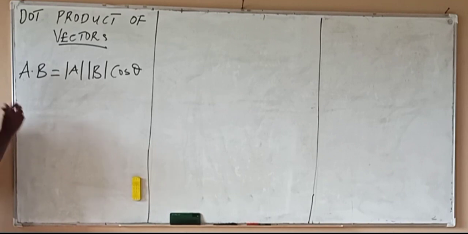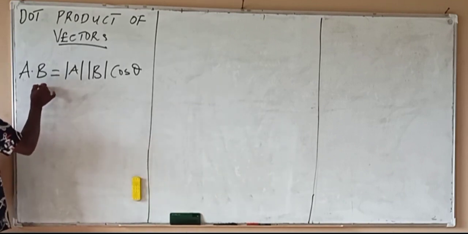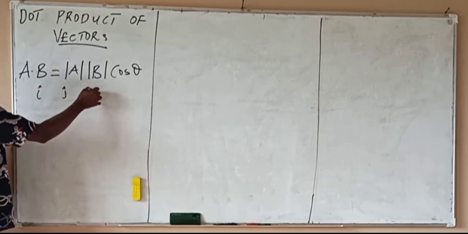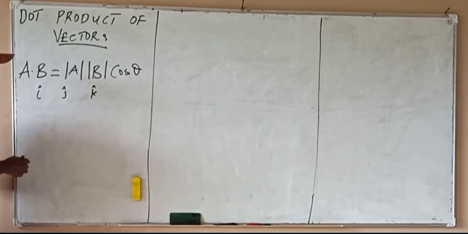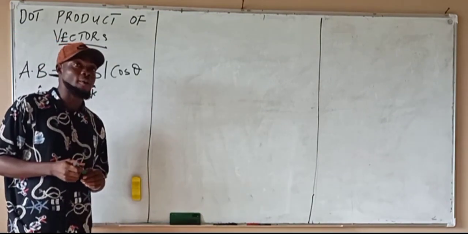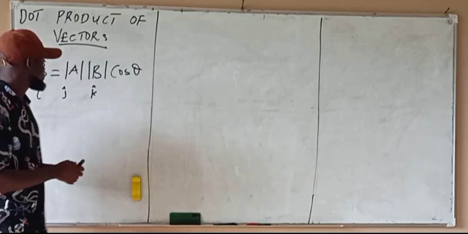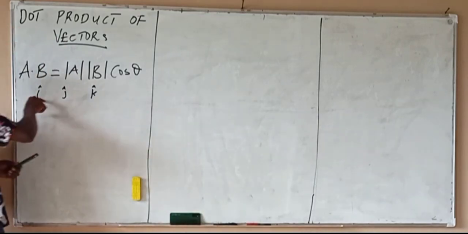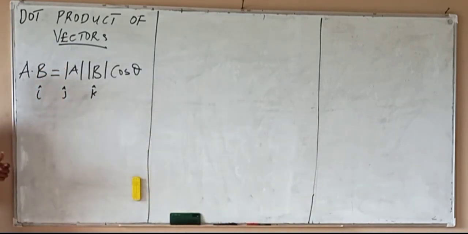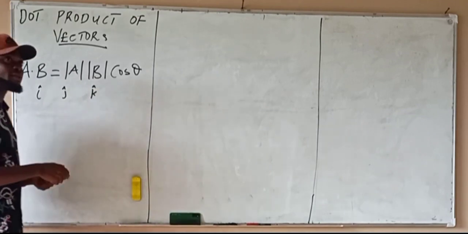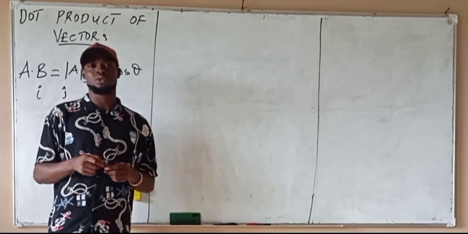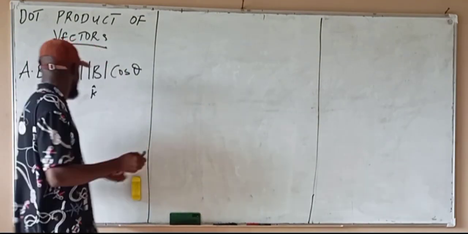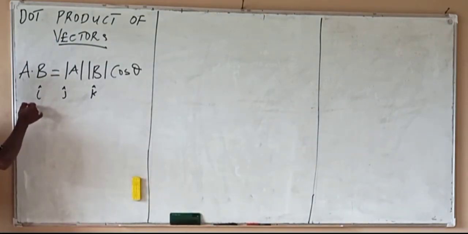For example, we have unit vectors I, J, and K. Now, the scalar product of the same unit vector will be equal to 1, while that of different unit vectors will be equal to 0. For example, I dot I is equal to 1.